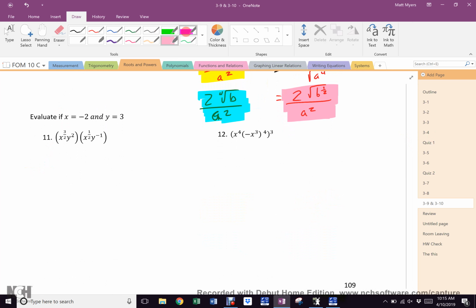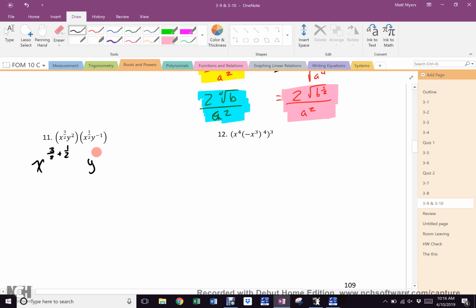Okay. Let's look at this. Right now, what if this line wasn't there, what would you do with that? You would do x to the what? 3/2 plus 1/2.